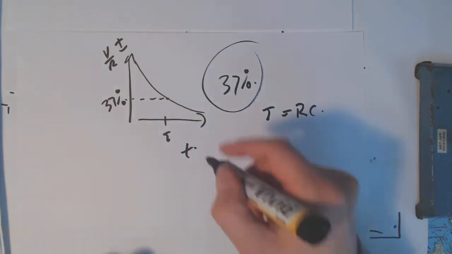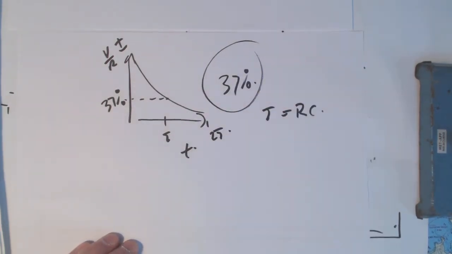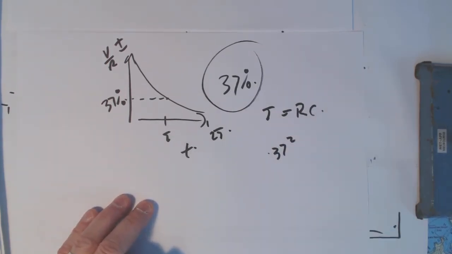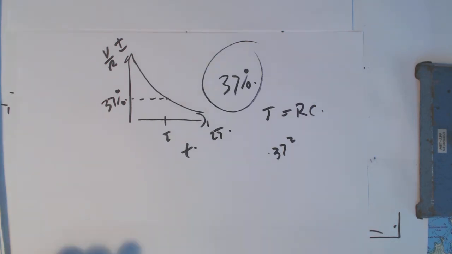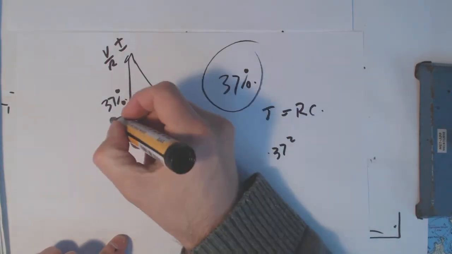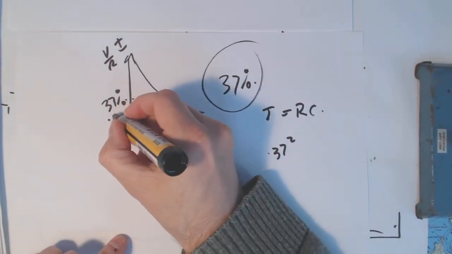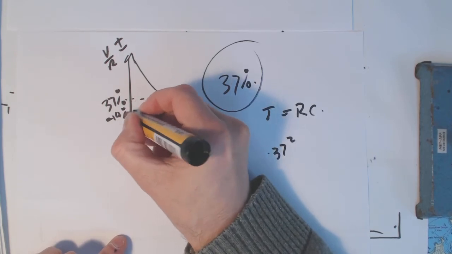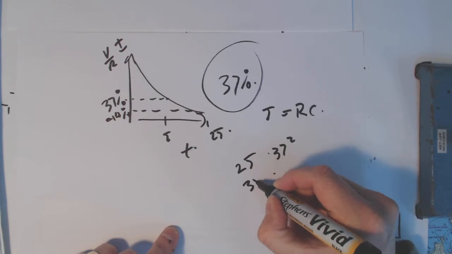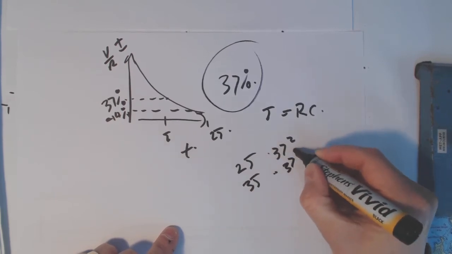2 time constants over here is 0.37 squared. So if we do 0.37 squared, we get 0.1369. So after 2 time constants, that's pretty much 0.14 or 14%. 3 time constants would be 0.37 cubed.